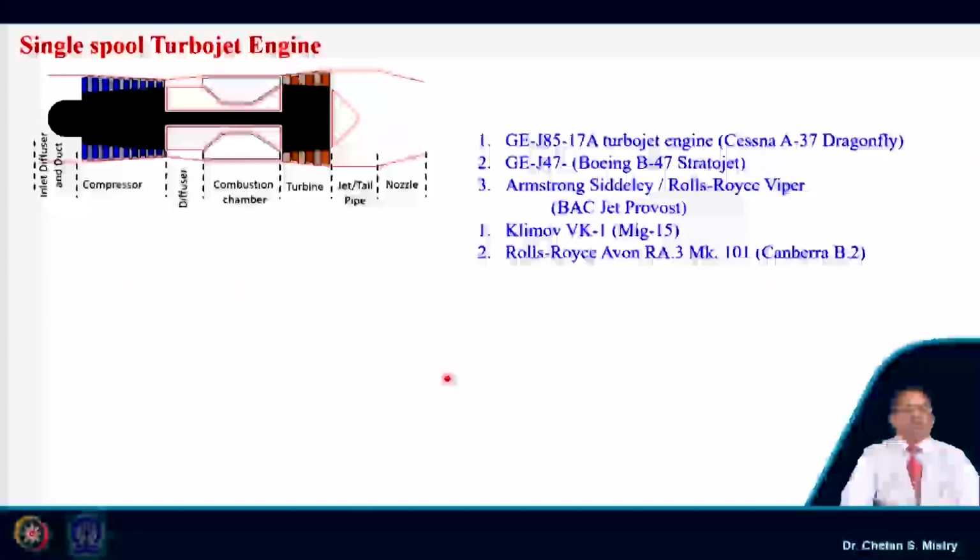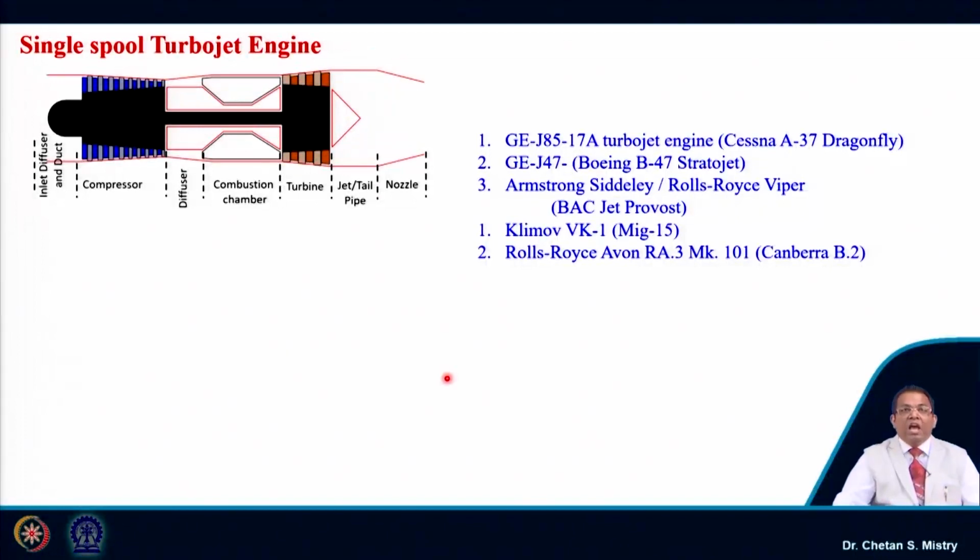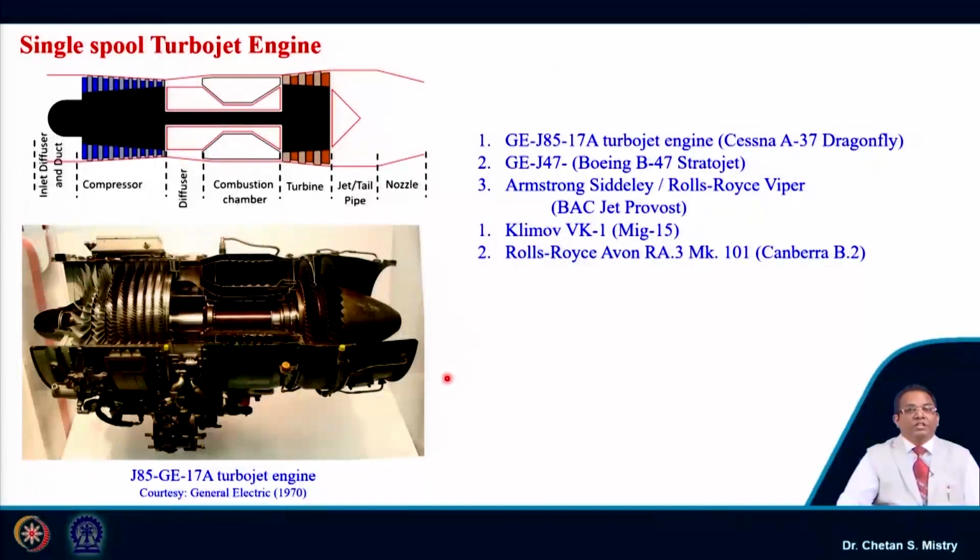Now, let us look at what represents our single spool turbojet engine. If you recall, this is what we used for our initial discussion about different components. This is the J85 engine. This is my entry condition, the inlet duct or inlet diffuser, which is followed by the compressor.